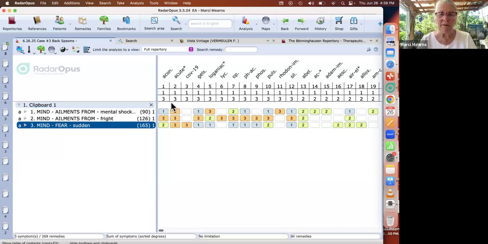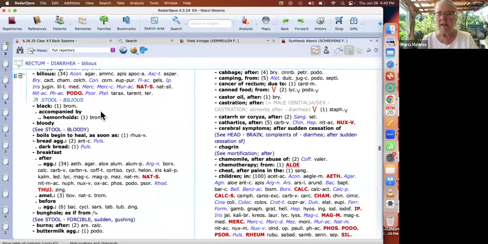I do want to point out something, however, while we're looking at this list of remedies. You see here where there's an asterisk next to acute, and there's also an asterisk here for the Loganaceae family, meaning that the remedies of the Loganaceae, those are all of our rubrics. Let's take a look at this one, ailments from mental shock, so we can see that in context.